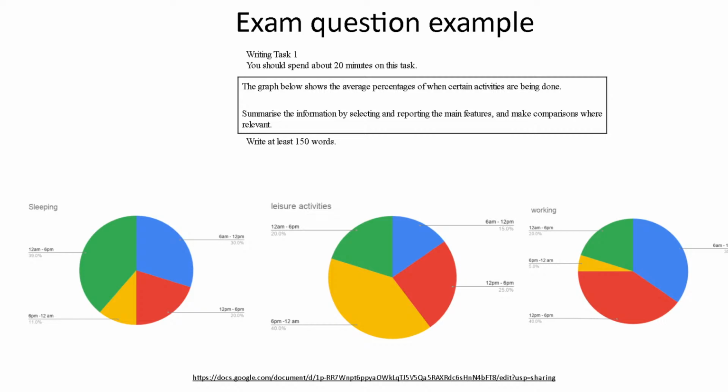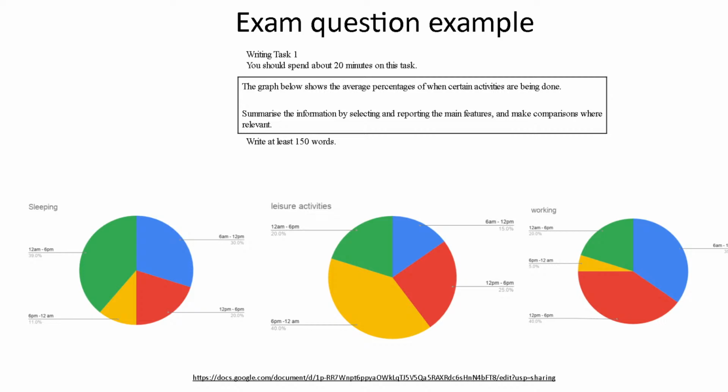Okay, so this is an example of writing task 1 for IELTS. So it says the graph below shows the average percentages of when certain activities are being done. Summarize the information by selecting and reporting the main features and make comparisons where relevant.